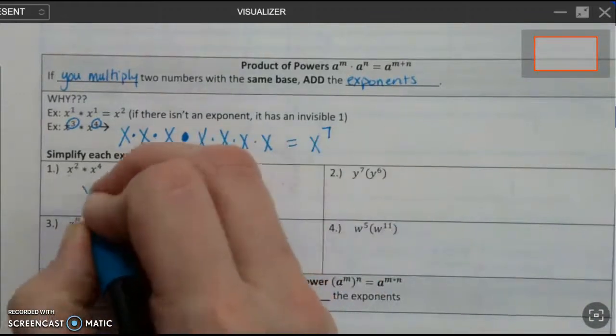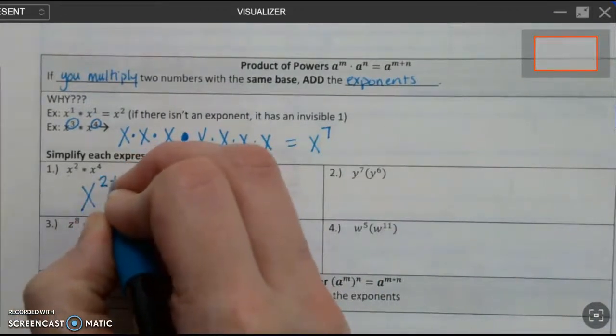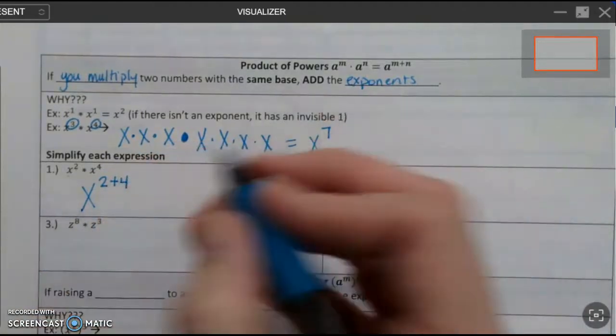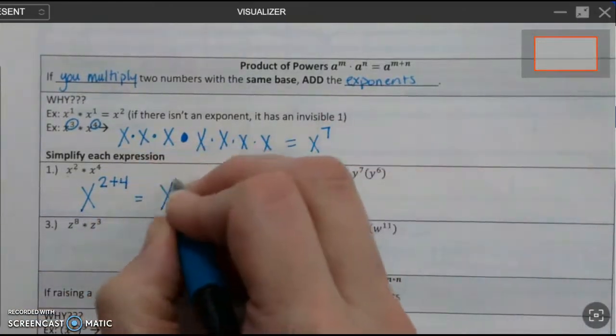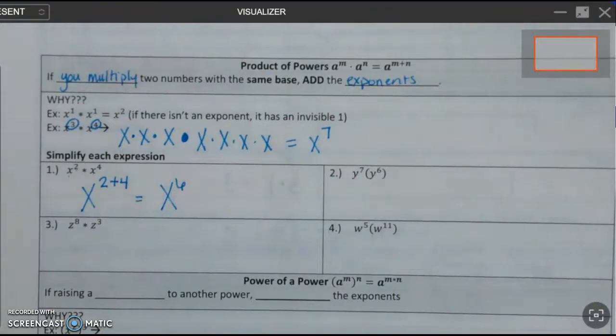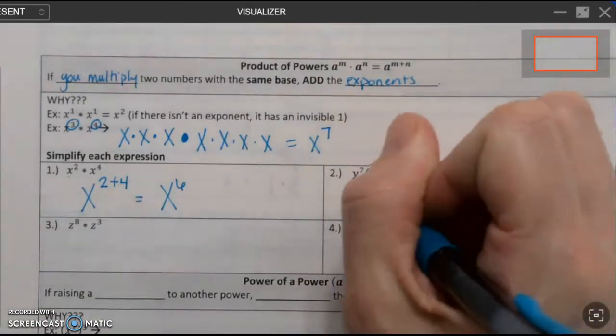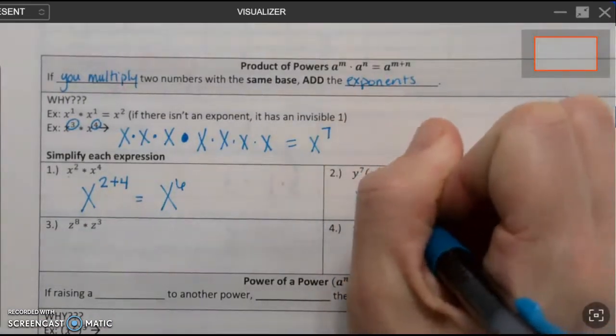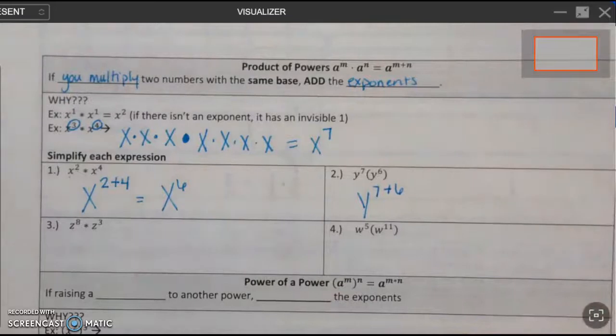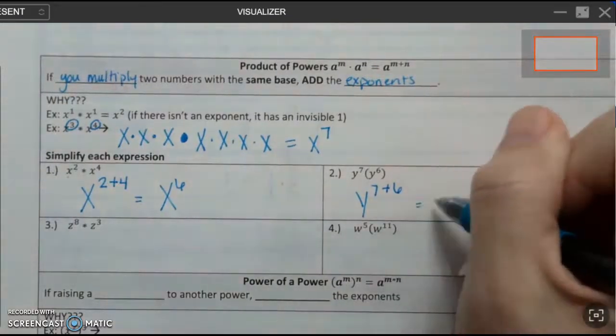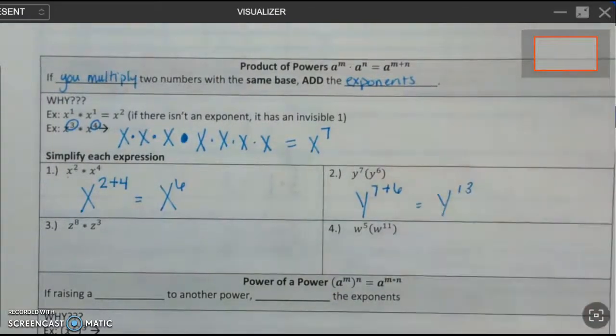That is going to be x to the 2 plus 4, add the exponents, which is x to the 6th. That is the same that you see over here. This is still just multiplication. So we're going to do y, 7 plus 6, which is y to the 13th.